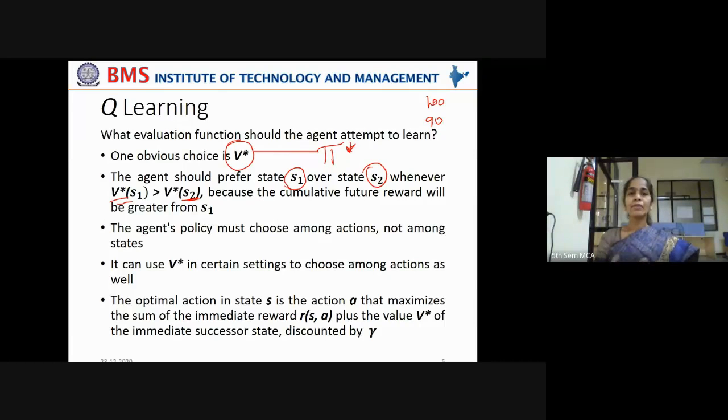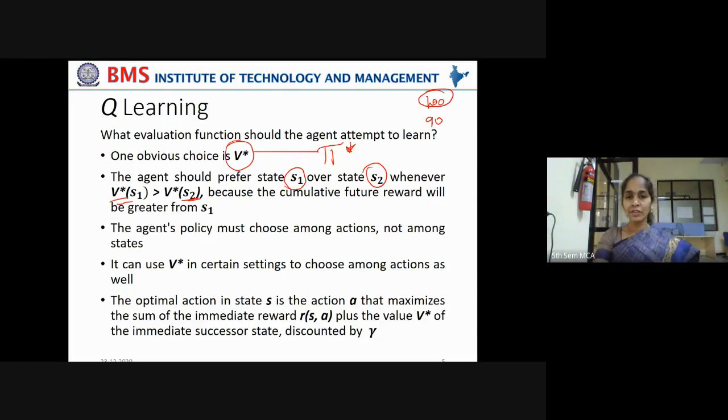In that case, which state do you select for the agent to start from? Obviously state S1, right? We prefer state S1 for the agent to start with, because if the agent starts from that state, it accumulates more rewards.